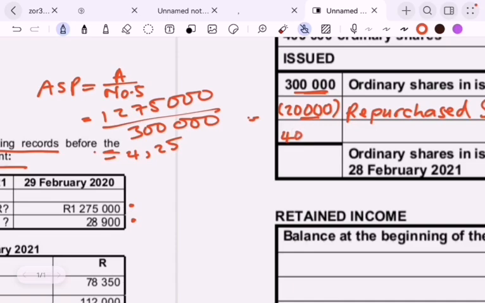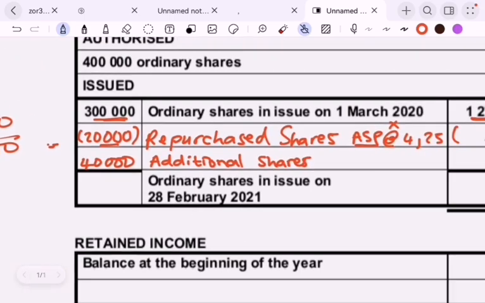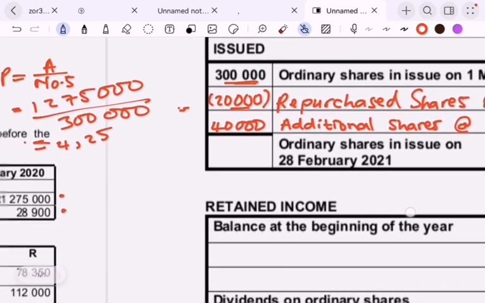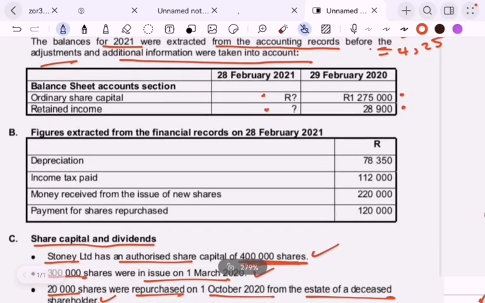The 40,000, we're not bracketing it because these shares are being issued. So you want to quickly record that as your additional shares. But at what price? That's what we don't know. By the look of things, we were given figures extracted from the financial records on 28 February 2021.